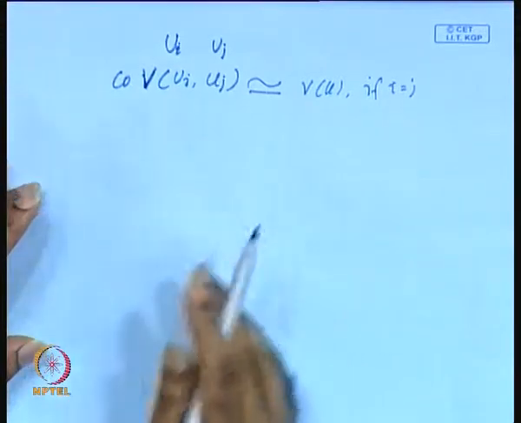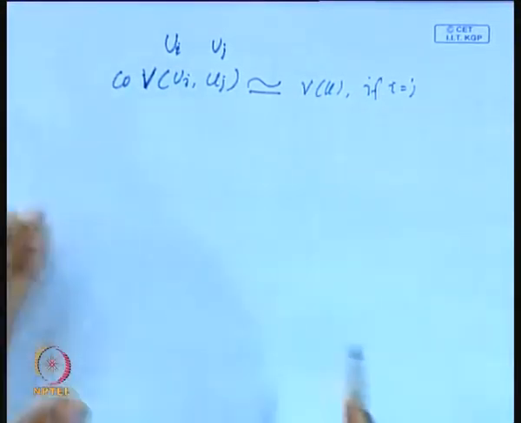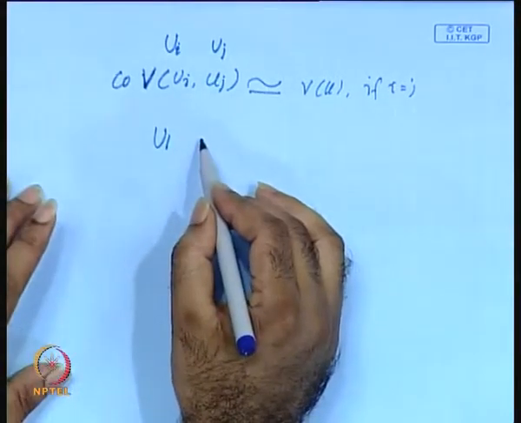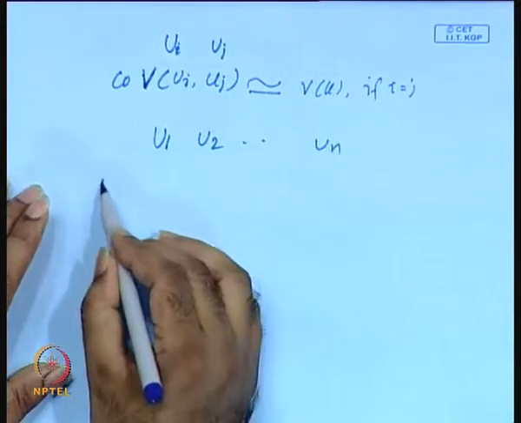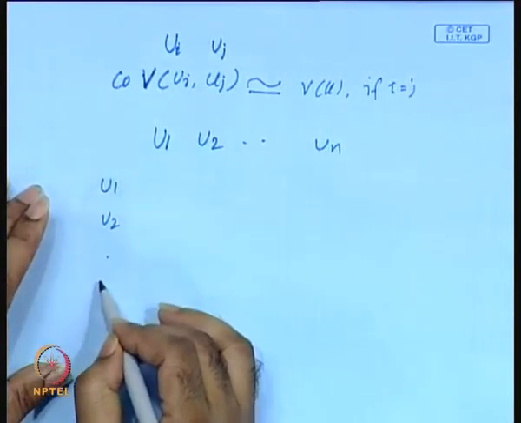That means when there is an error variance, it should be equal. Through one u you can create several u's, so in a more generalized format, u1, u2 up to un.